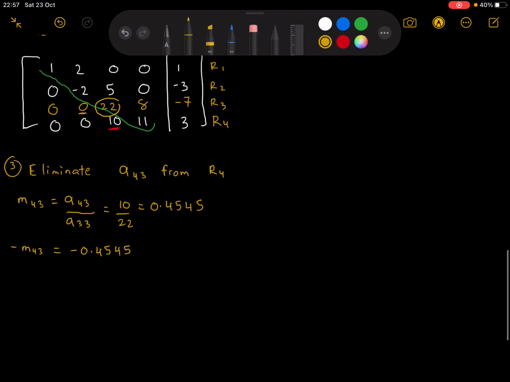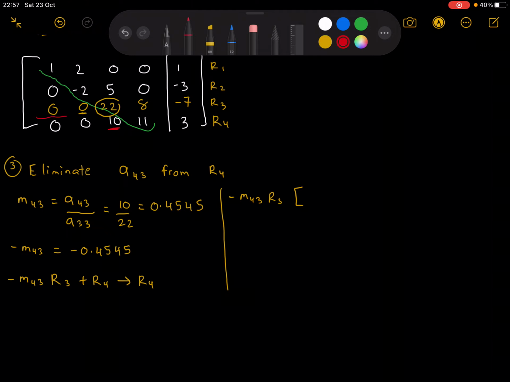The equation is negative M43 multiplied by row number 3 plus row number 4, and we're going to transfer it to row number 4. So let's do it step by step. Negative M43, row 3.